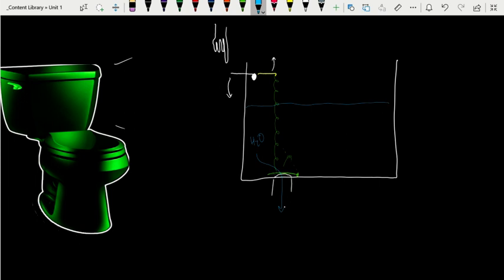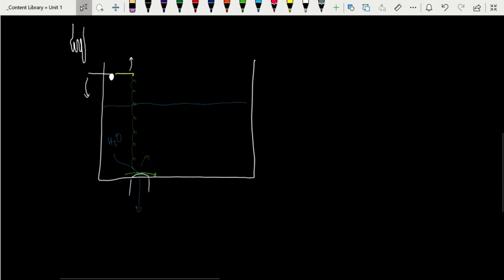Now let's see if we can apply all of the scenario that we talked about above to the homeostasis of this toilet. First of all, what's the variable? The variable is the thing that changes. In this case, what changes? The level of water. So there's my variable. It is right now at set point.